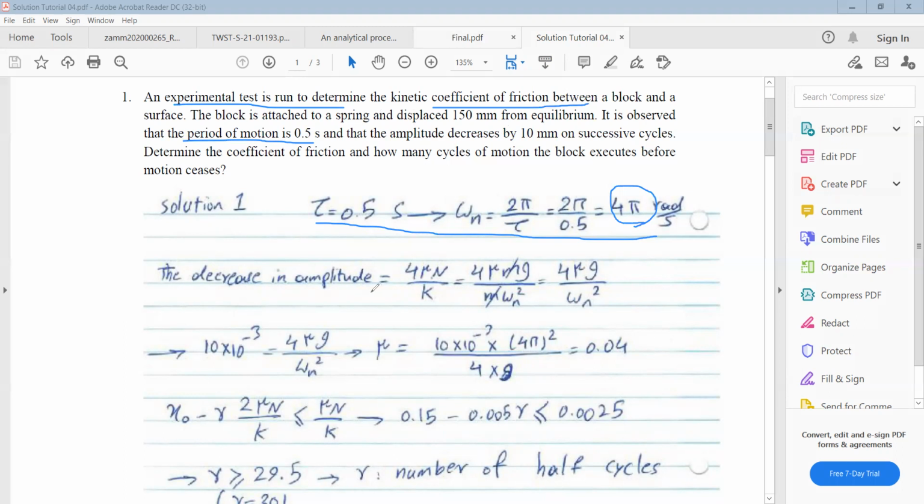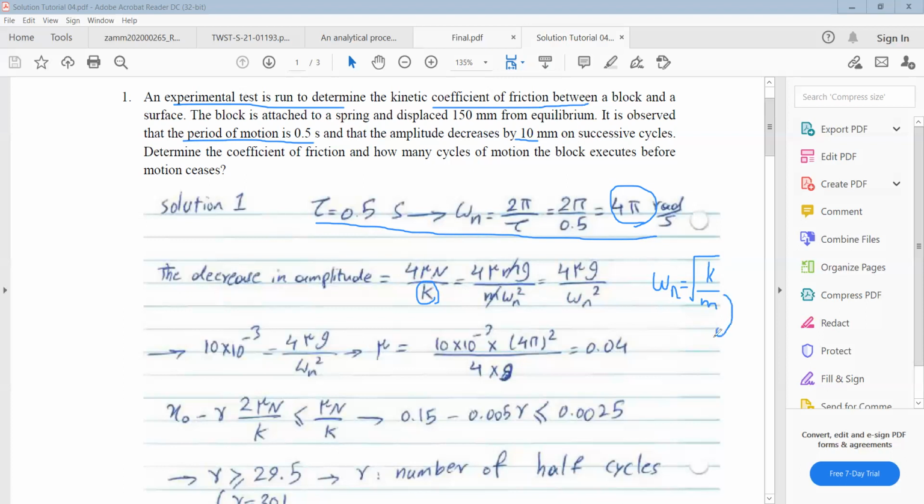So we know that in each cycle, the amplitude decreases by 10 millimeter. So 4 mu times mg divided by k is equal to 10 millimeter. We know that omega n is equal to the square root of k divided by m.